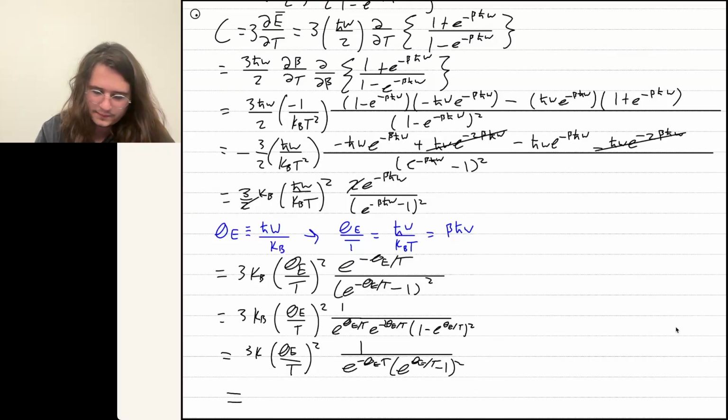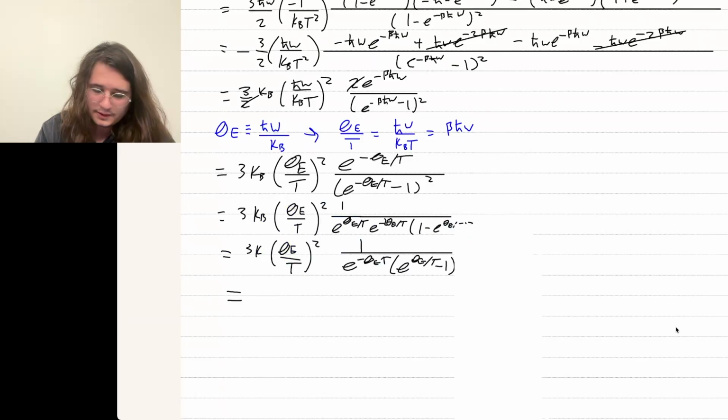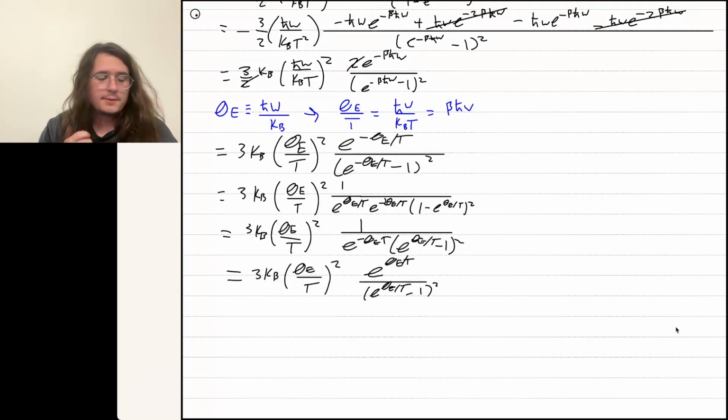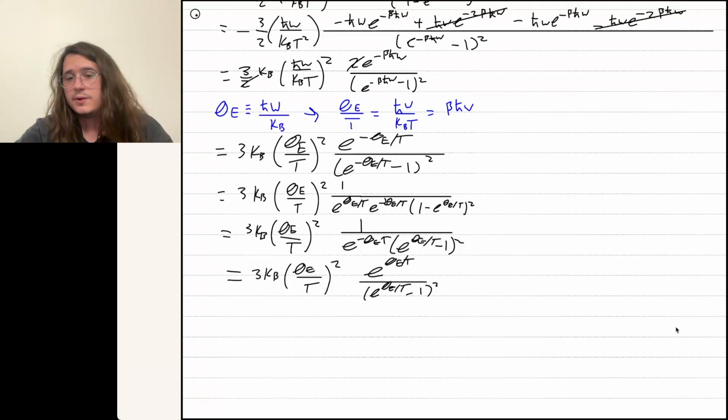So it is, in fact, moving the exponential back up, completely equivalent to what Griffiths wrote, because he had a positive e to the theta_E over T up top and e to the theta_E over T minus 1 on the bottom squared. My bad. I'm not going to plot it though. That's on your own.